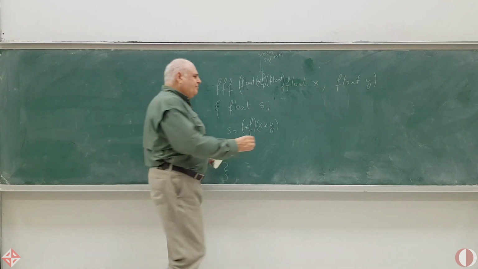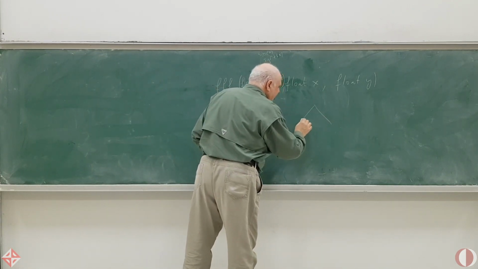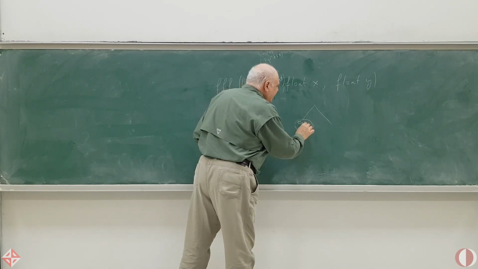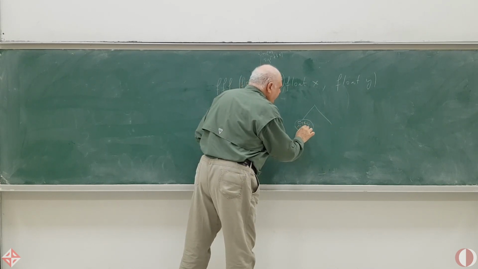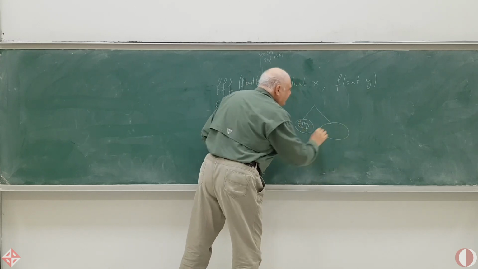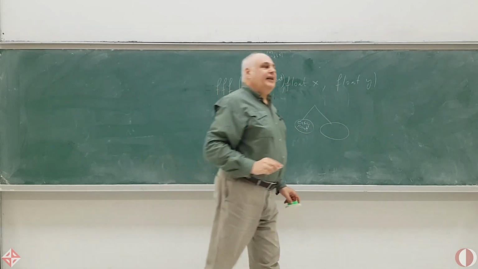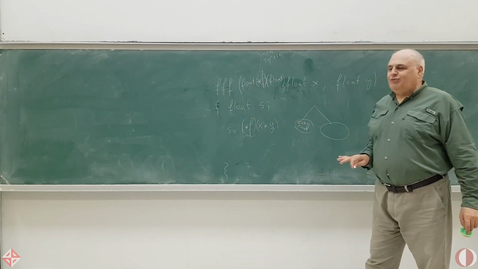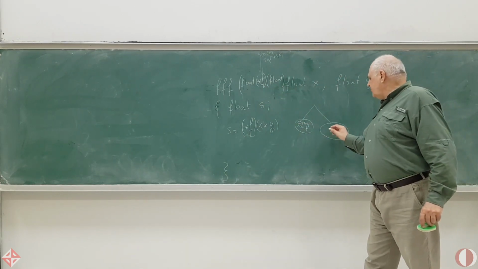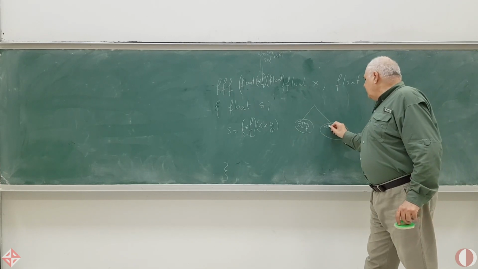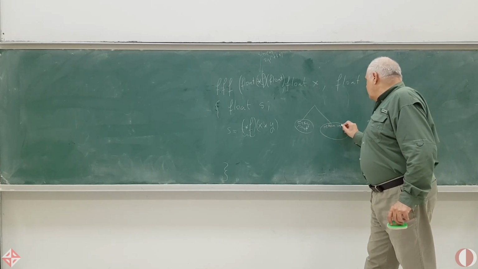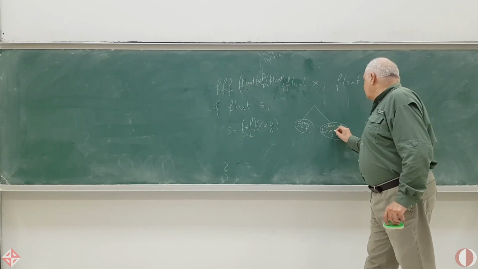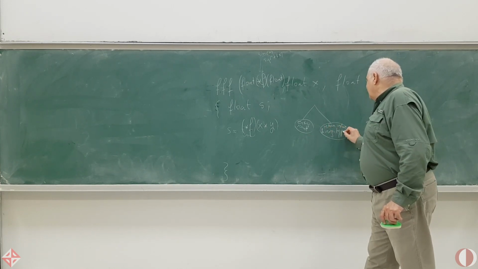So in the address part sits the entry point, and here sits information about the return value and argument types, right?